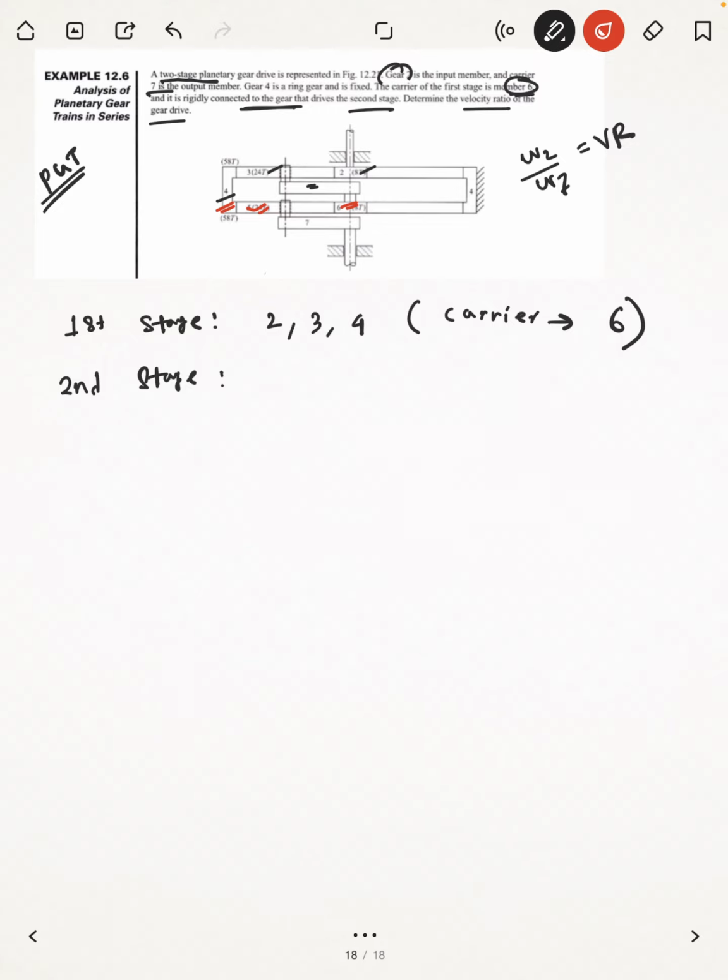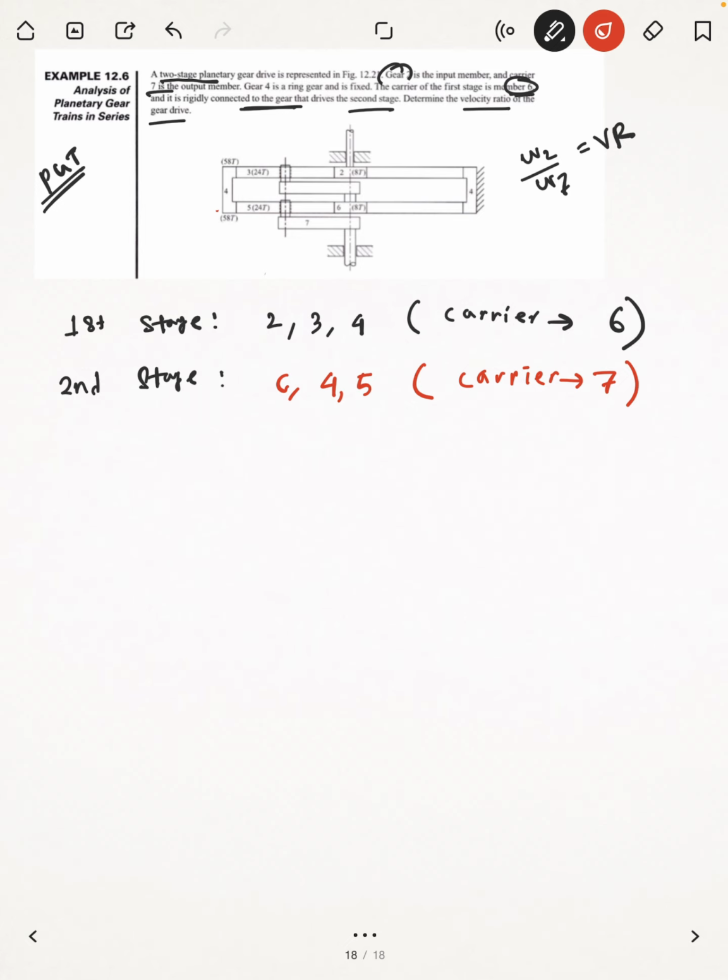Gears 6, 4 and 5, and what should be the carrier? The carrier should be number 7. Sorry, it's not a gear, the carrier should be member 7. There should be 2 stages. First of all, the main thing in solving this is that you have to determine the stages. You have to know how the motion is being transferred through the stages.